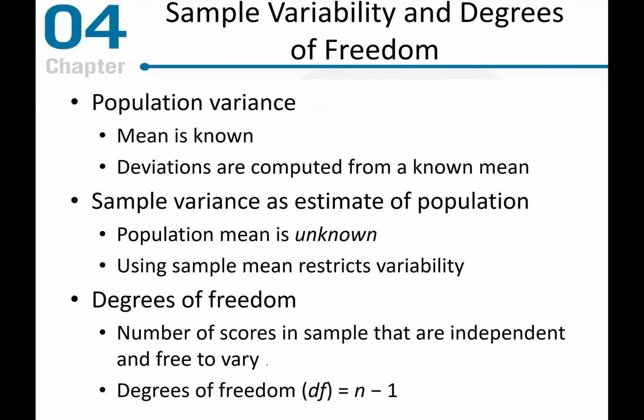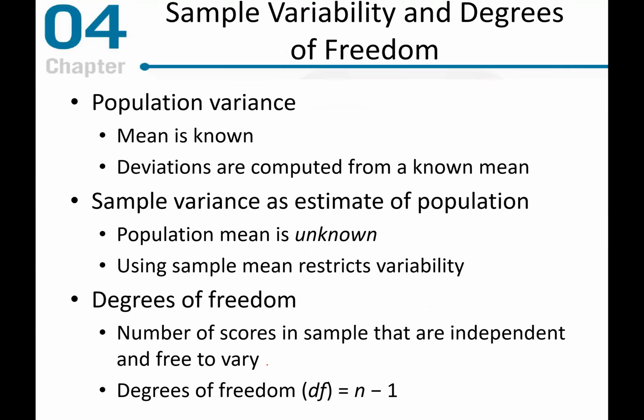All right. So let's talk about the sample variability and what are called degrees of freedom, which is something you're going to be using, especially the degrees of freedom, for the rest of this class. All right. So the population variance, the mean is going to be known, right?